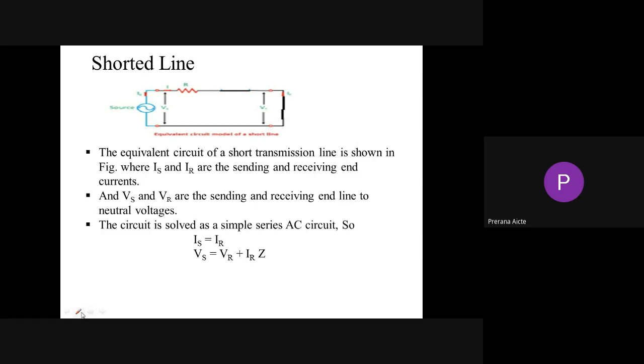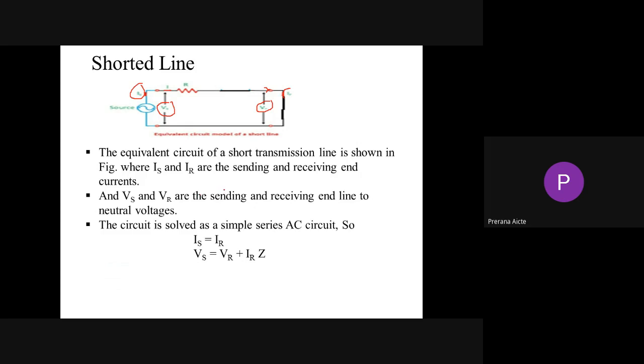Here, this is the I of S current and this is the I of R current. Here V of S is the source voltage and V of R is the receiving end voltage.